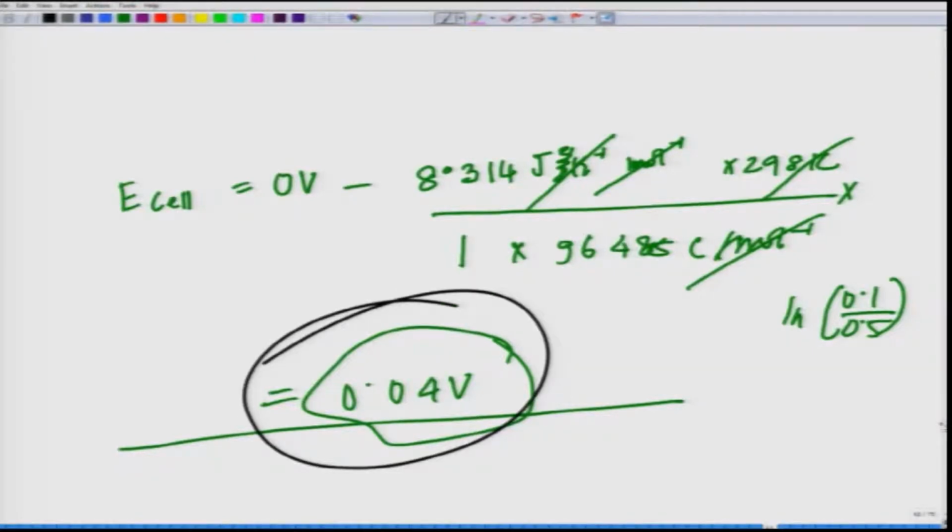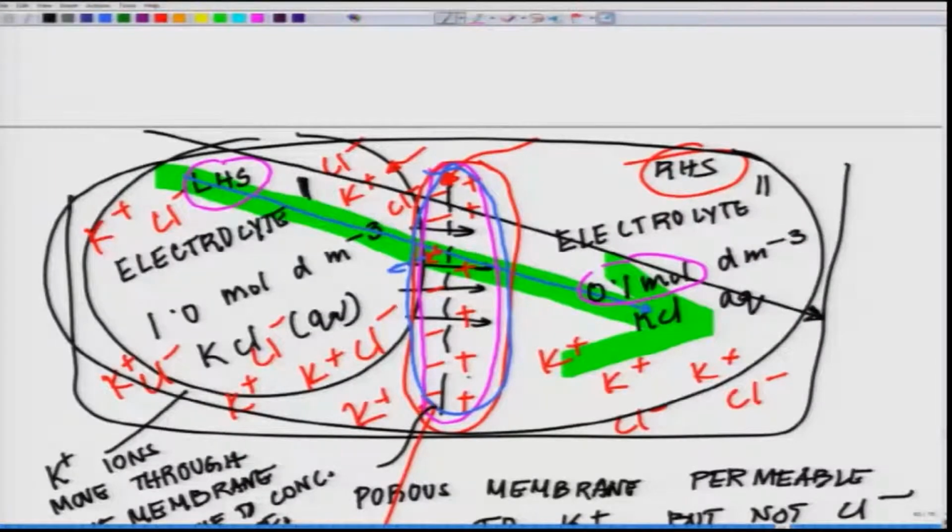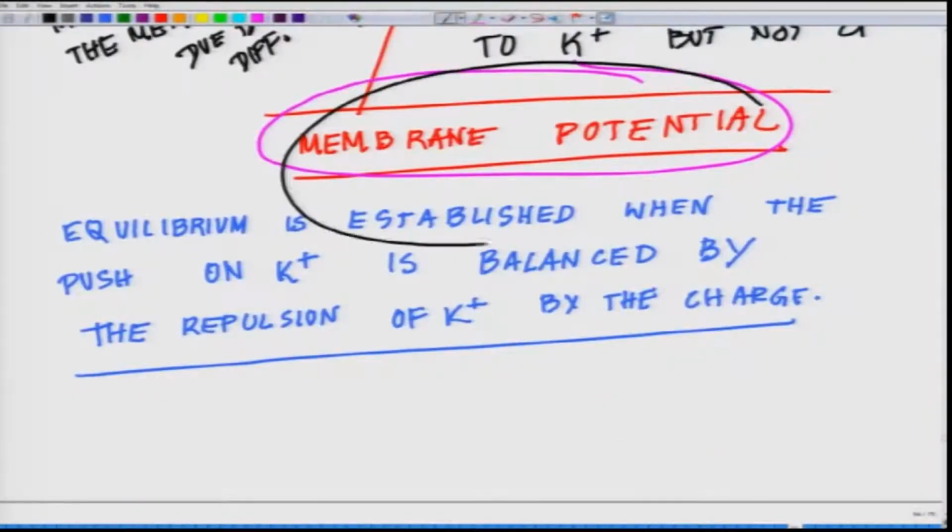From there we moved on to another example of a concentration cell, where we took into account a semi-permeable membrane and introduced the concept of membrane potential. From our journey to membrane potential, we entered into the world of biological cells.